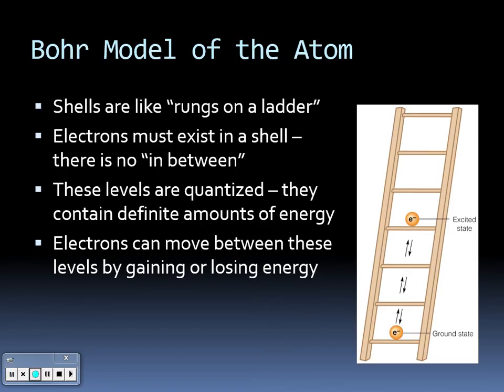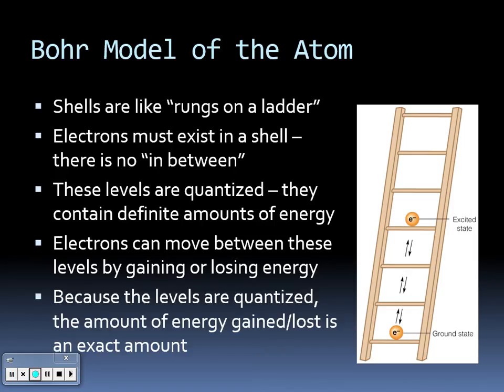These electrons know exactly how much energy they have to gain or lose, because we know where those levels are, just like on a ladder or a set of steps. You have to step this high to get onto the next step. If you don't step that high, where do you end up? If you're already up the ladder, you end up on the step that you started on.